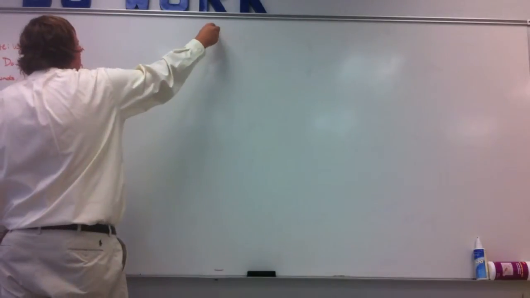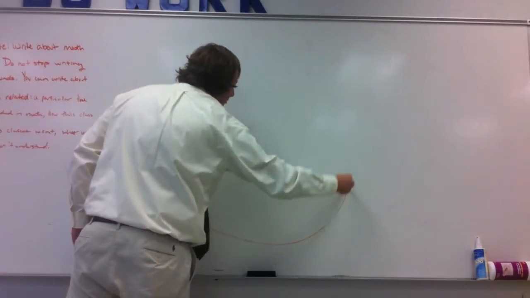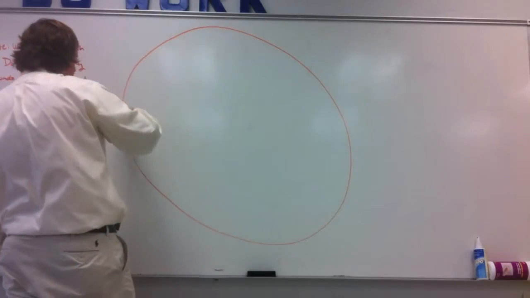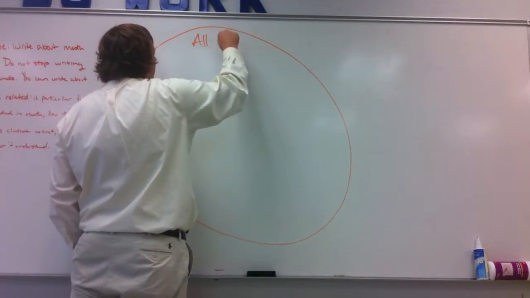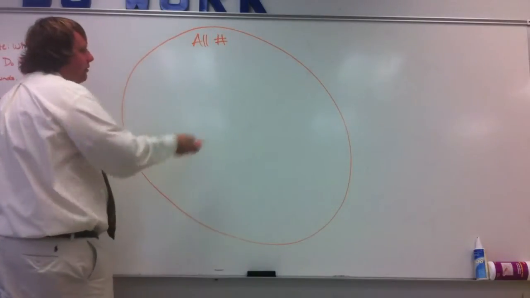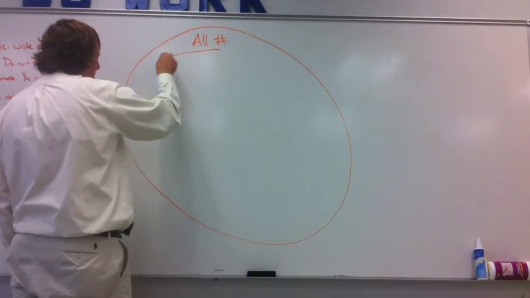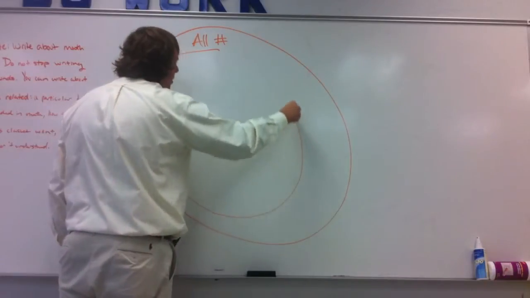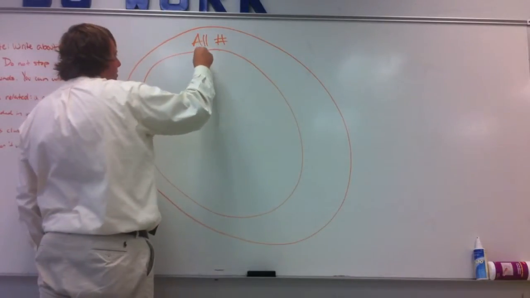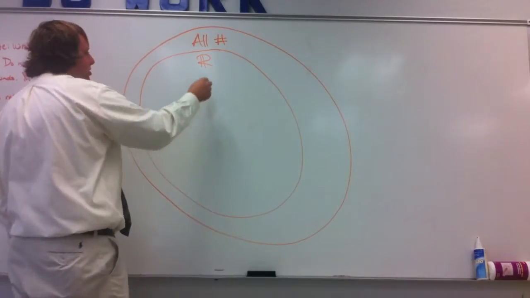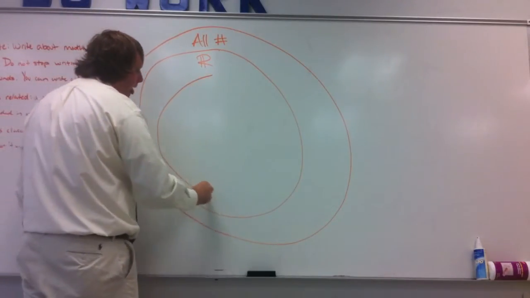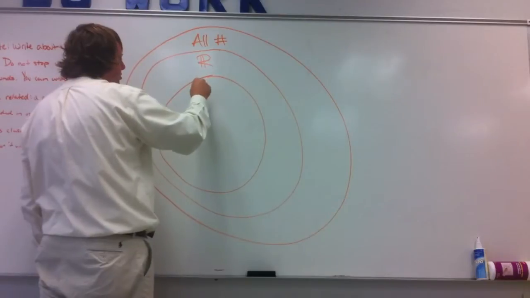We start with a huge circle, okay, this circle contains all numbers. Okay? Then within this big circle, somewhere, would be your real numbers. And within that real numbers circle, we'd have our integers.